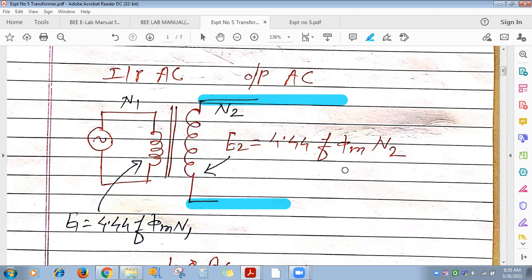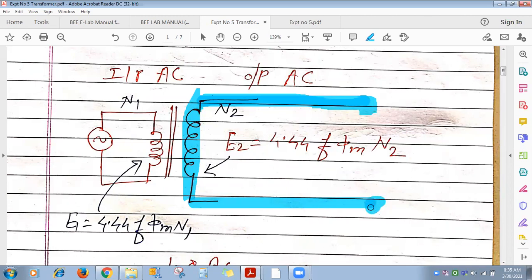If you observe the secondary here, is there any load connected across the secondary? Is the secondary open? No load is connected. Correct. Yes, the secondary winding is open here. Now EMF is induced in it, but as it is open, will any current flow through the secondary winding?